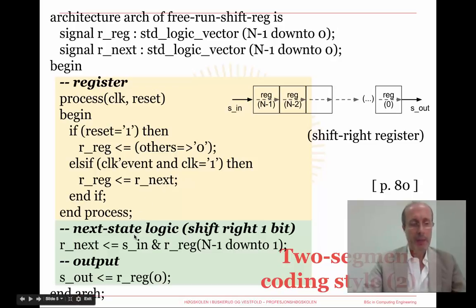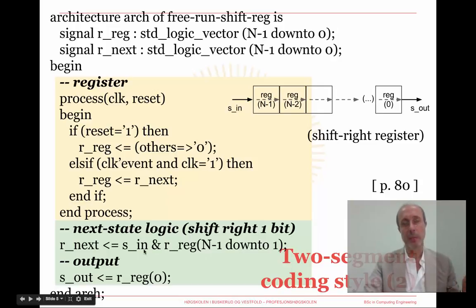Now, what makes the difference indeed is the combinational block section, where you see that in this case the next state function defined for the combinational logic section is specific for this type of circuit, which is a shift register.